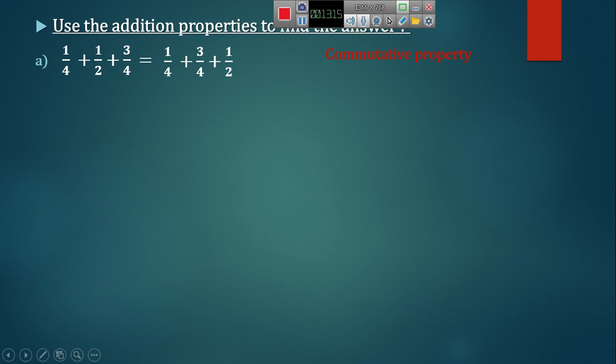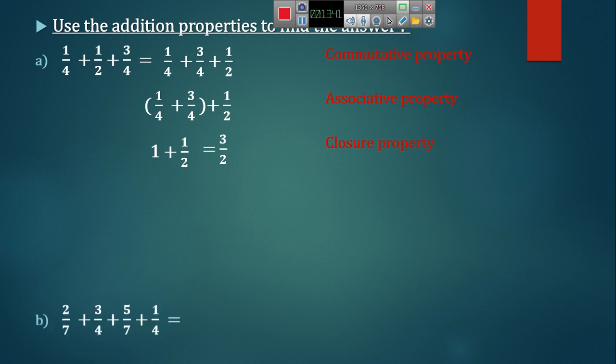We will make brackets around these two fractions, 1 over 4 and 3 over 4, to make it like this. Then this property is called associative property. Let's find the result of adding these two fractions, 1 over 4 plus 3 over 4, to get 1, plus a half. Then the answer is 3 over 2. This is the closure property.